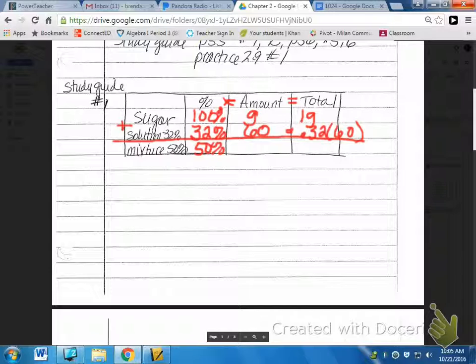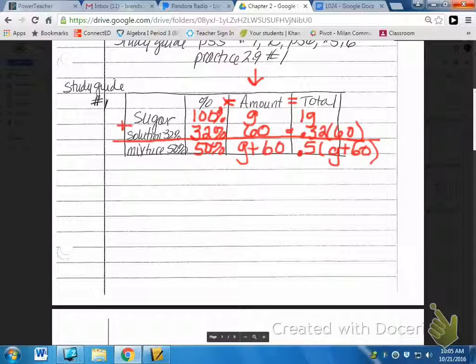How much sugar is there? What did we write, not over here in the amount column? How much sugar? 60 plus G, or G plus 60, let's say. So we don't know how much it's going to make, but we know it's going to be G plus 60. And if we're multiplying across, then it's 50%, 0.5, times the quantity G plus 60.